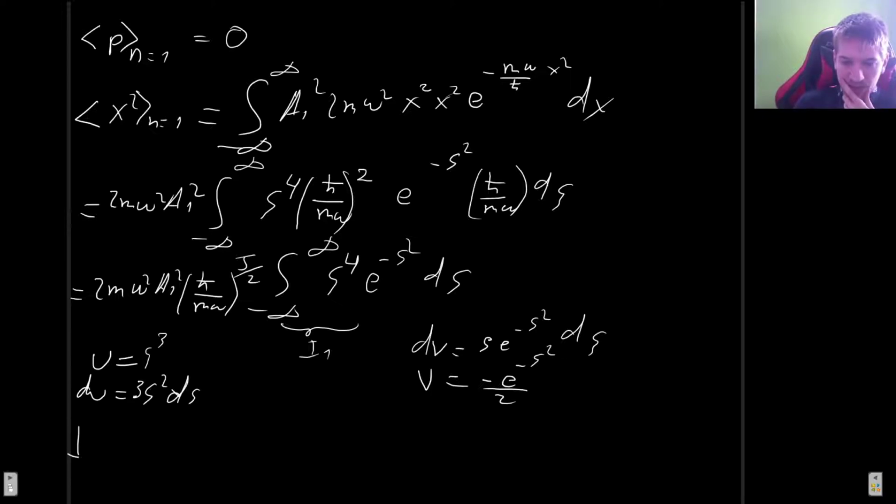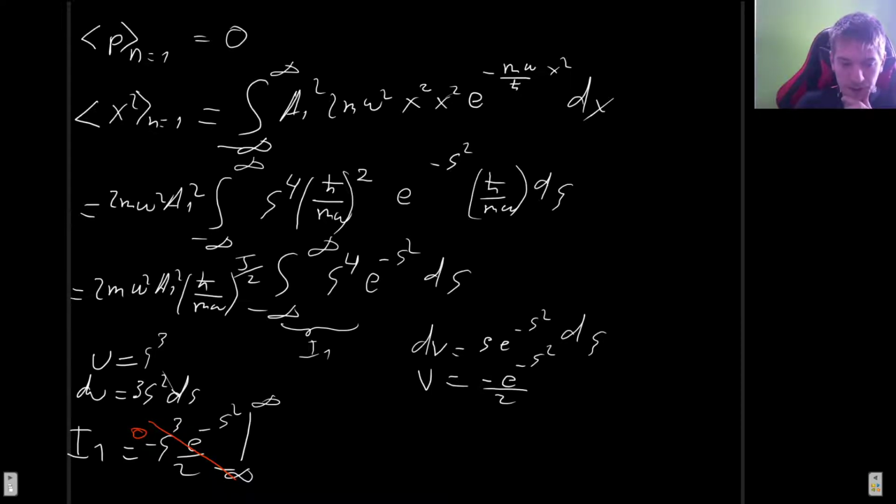So this means that our integral I1 is going to be psi cubed times minus e to the minus psi squared divided by 2, evaluated between minus infinity and infinity. But this exponential will go to 0 much faster than the polynomial will go to infinity, so this whole thing is just going to be 0.